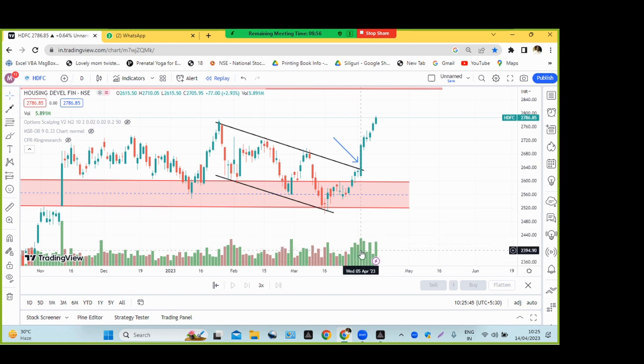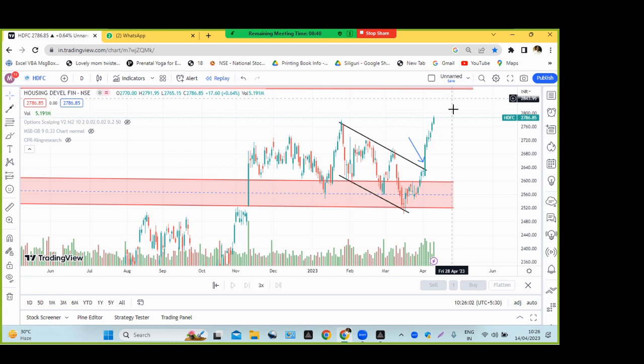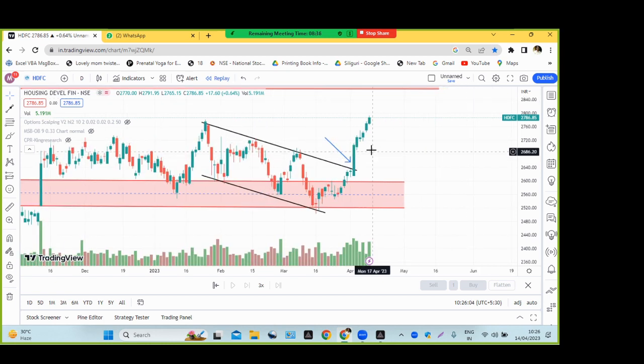There are big players investing their money, and if someone is investing heavily, then something strong is going to happen. After that, the stock kept running upside. Even if you entered above this level after the break, you still had strength till the target.